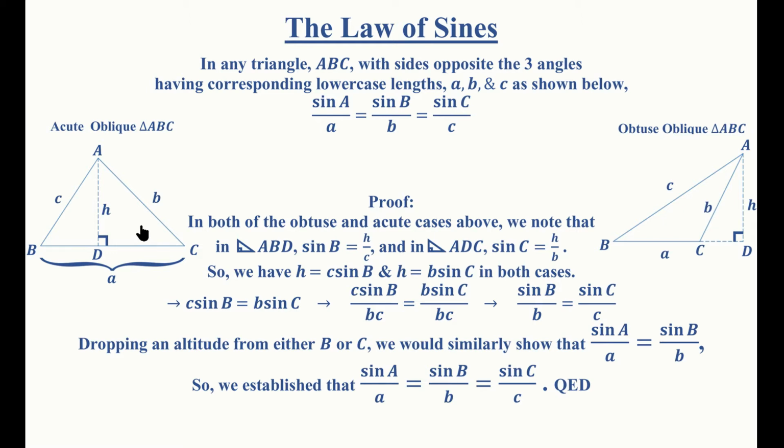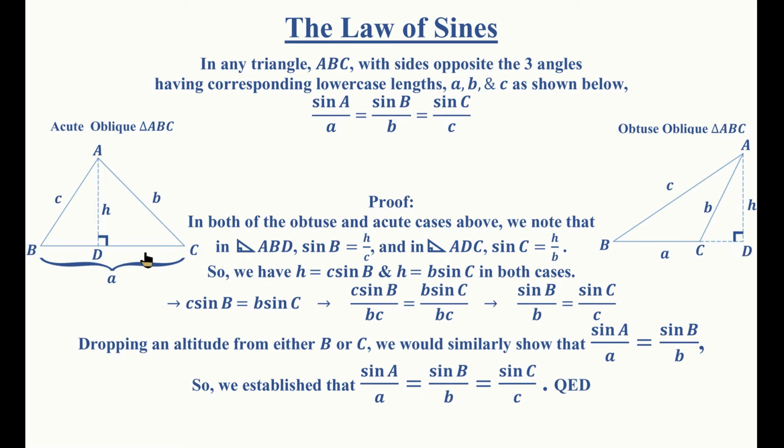And in both of them, if you look at triangle ABD, notice we drop an altitude of length h in both cases. Of course, in the obtuse case, the altitude from A is going to fall outside the triangle. As you know, we need to extend the side BC in order to see the height of the triangle if A is the vertex we're dropping the altitude from.